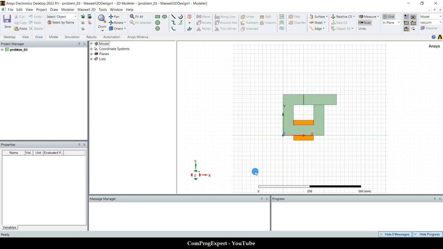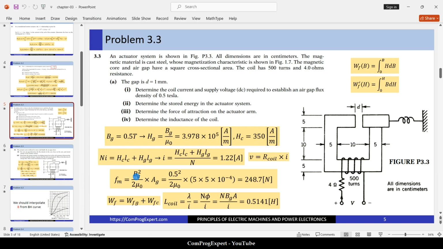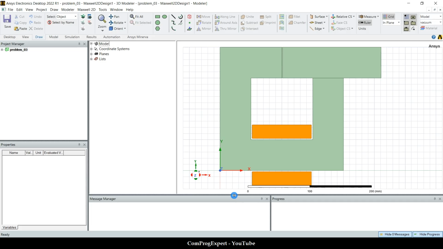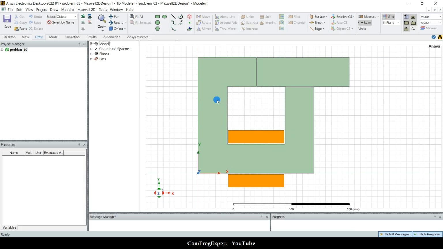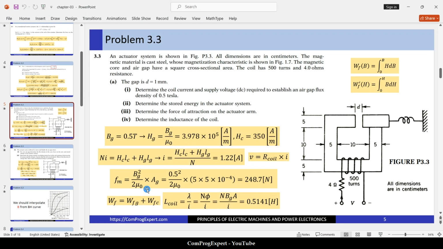So how to answer this question, how to derive this equation for calculation of the force? You know, this is a good question, and you can answer this question using several methods. We have several ways to derive this important equation.